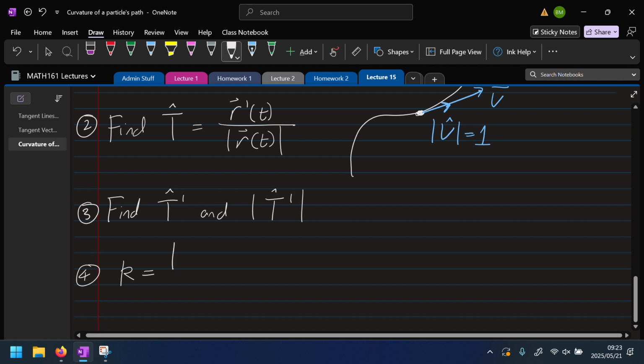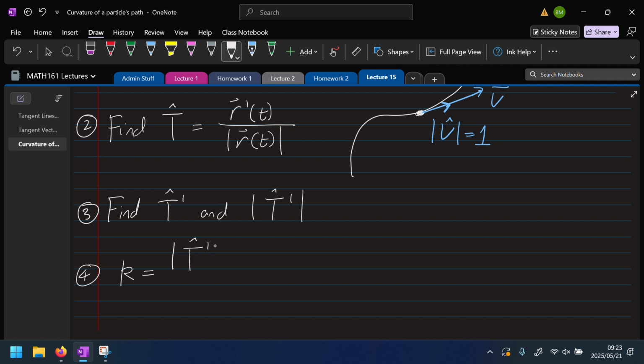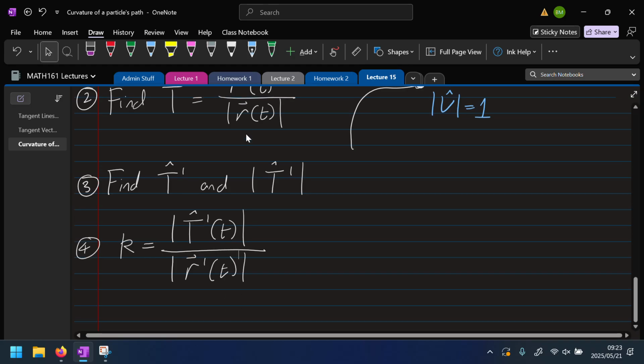So kappa is going to be the length of the derivative of the unit tangent vector, divided by the length of r prime of t. And then remember that was just the speed. Okay, so 4 steps to find that.